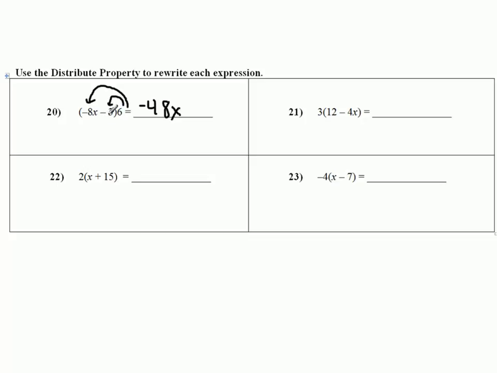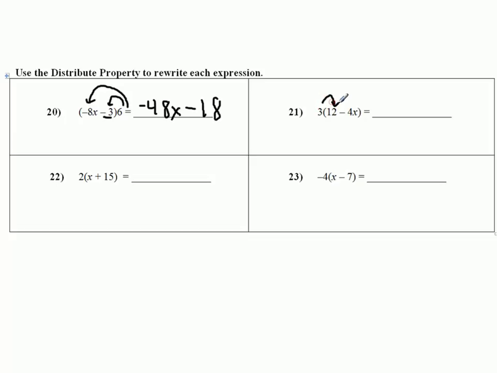And again, I'm treating this sign in front of the 3 as a negative sign. So 6 times negative 3 will get me a negative 18. And that negative will serve as my minus sign in between the two terms. So do not write double signs. Use the sign that's there to multiply, and then use the sign as your symbol in between the two terms.